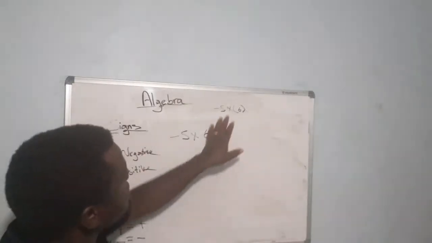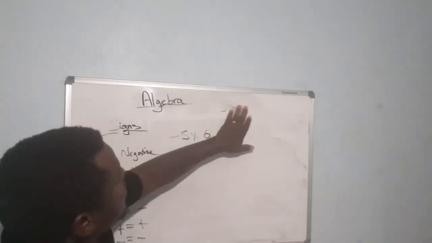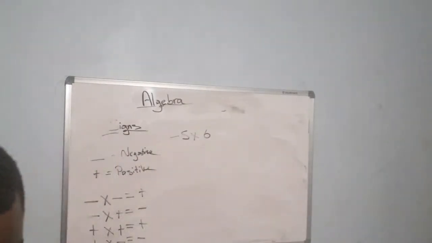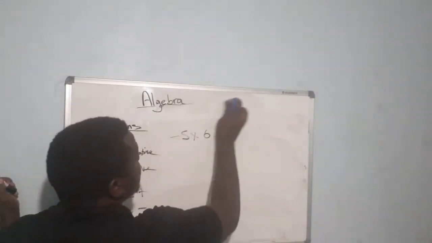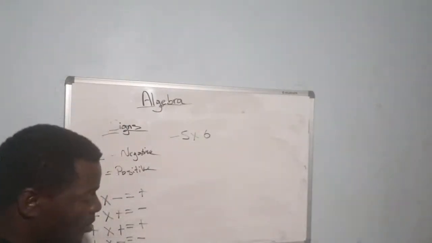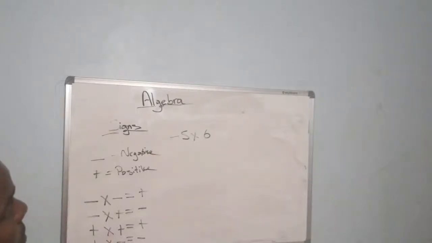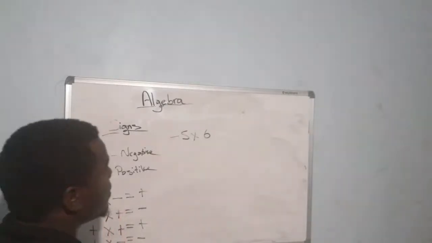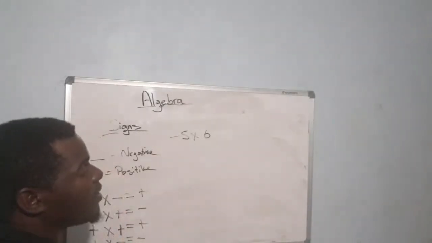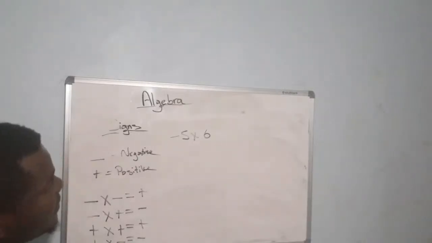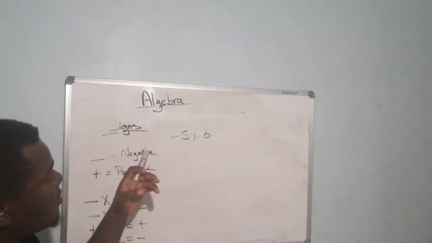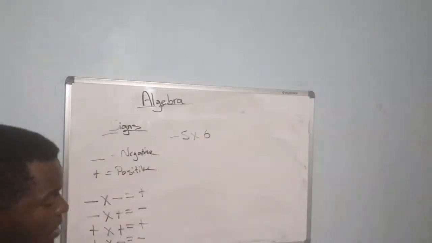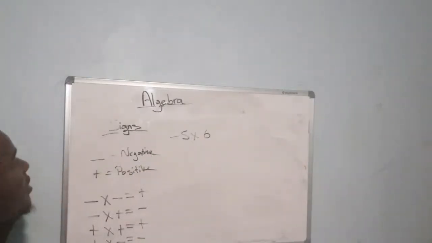But we'll soon get to this. So whenever you see a number or a variable by itself, it indicates that that number is actually a positive number.